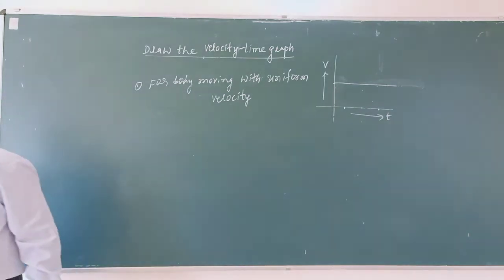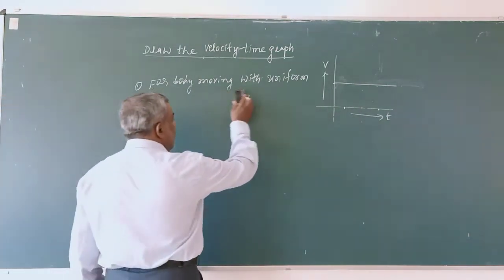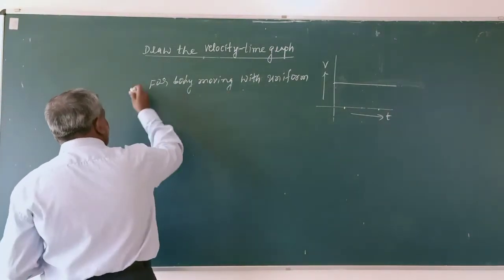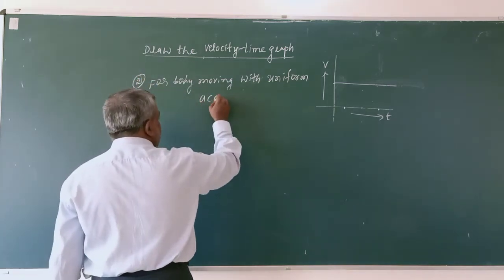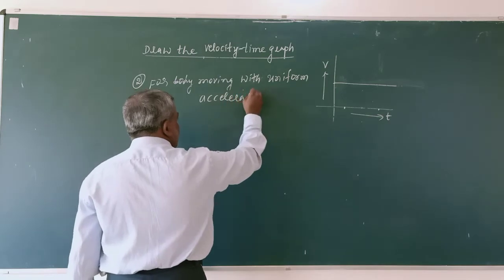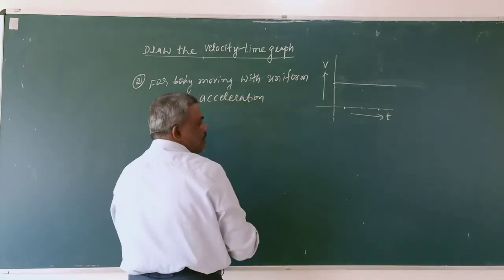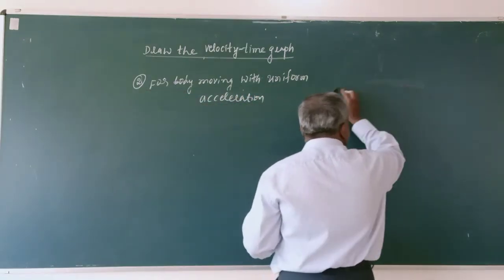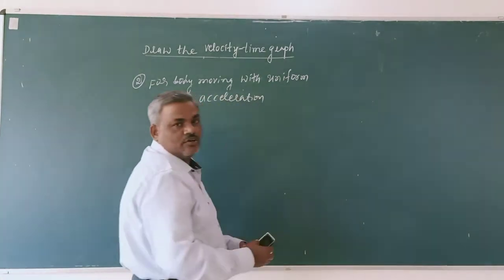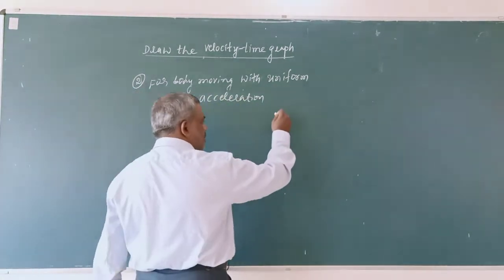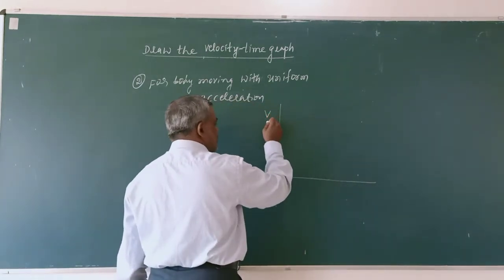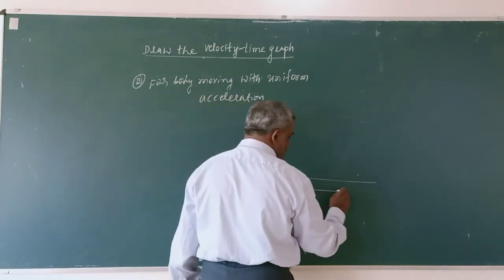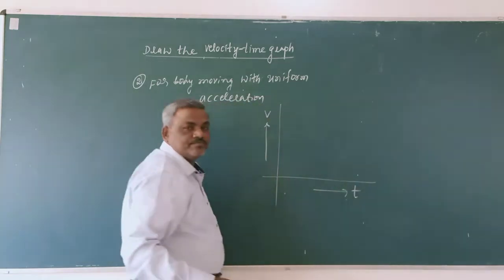And the second graph, uniform acceleration. So for uniform acceleration, velocity taken along the y-axis, time along the x-axis.